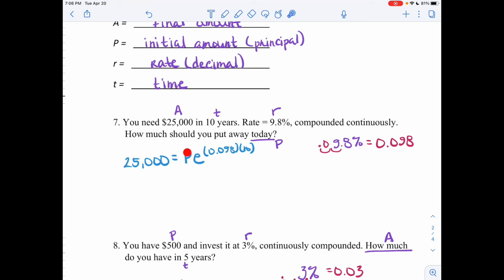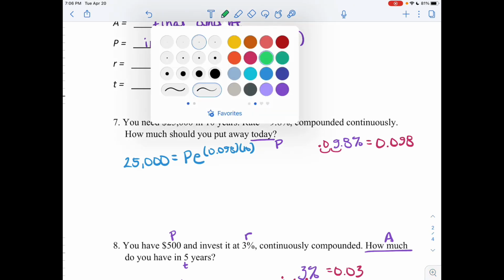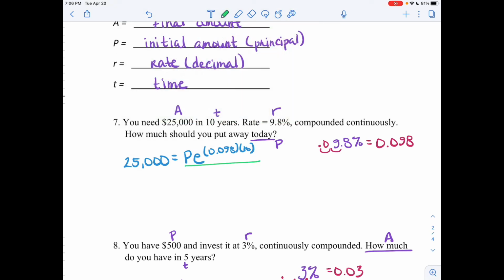So in order to solve for P, I need to get rid of E raised to this power. Well, how do I do that? The same way that I would get rid of anything that's multiplied. I would divide by E raised to this power, 0.098 times 10. But if I do it to one side, I also have to do it to the other side. So here's what that's going to do for me. That's going to cancel out E raised to that power, and just simply leave me with P on this side.